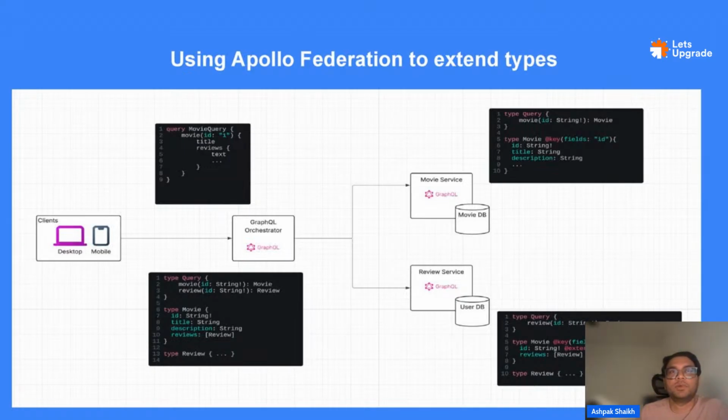Currently, a little bit of information about the existing landscape of federation. There's a lot of push from the GraphQL Foundation and the open source community to come up with an open source specification for federation, and not have Apollo define the federation specification to stitch schemas.